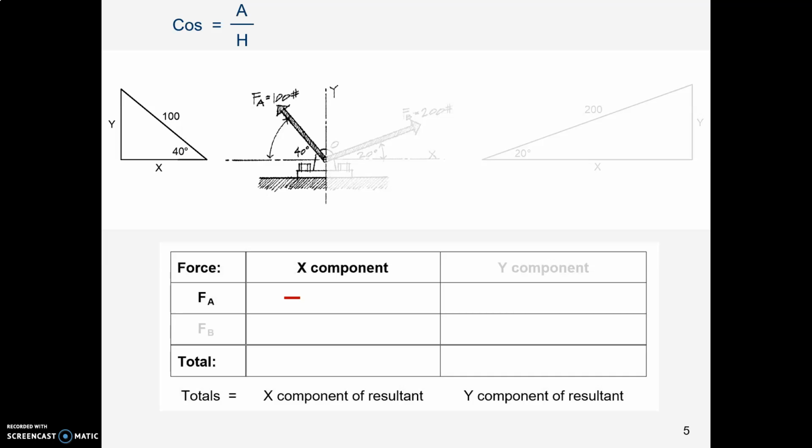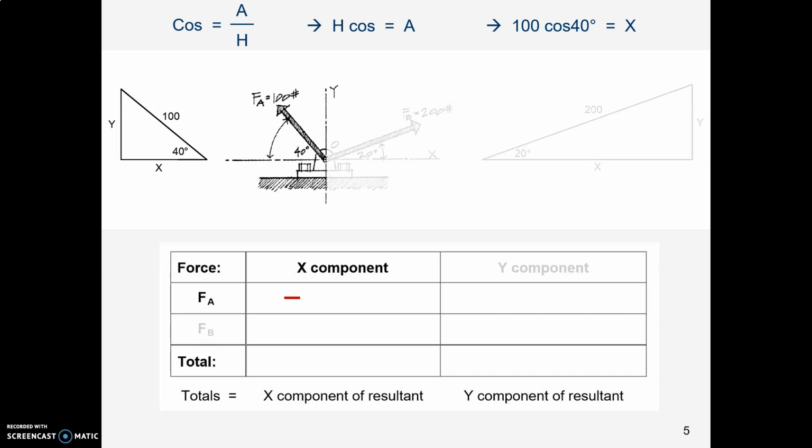Now we're looking for adjacent, so we can rearrange those terms. So it's hypotenuse times cosine. That'll give us adjacent. Our hypotenuse is 100. Our angle is 40, so we can say 100 times cosine 40.